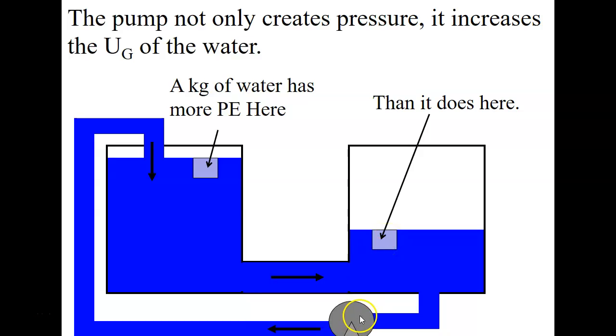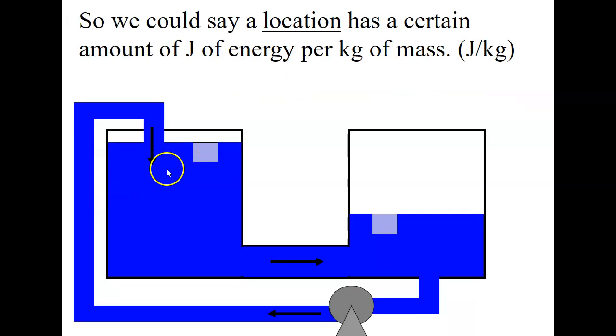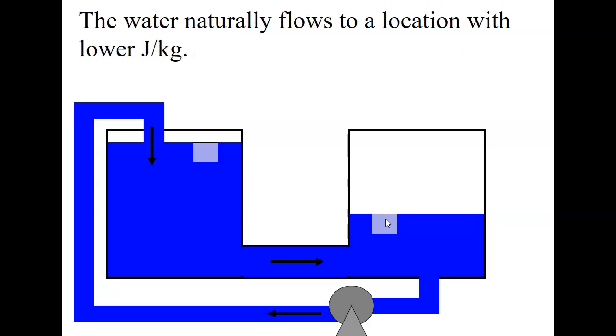And that pump takes that lower potential energy water and pumps it up to a higher potential energy. So we can think of it as a certain location has a certain joules per kilogram of water, joules of energy per kilogram of water, and water naturally flows towards lower potential energy locations.